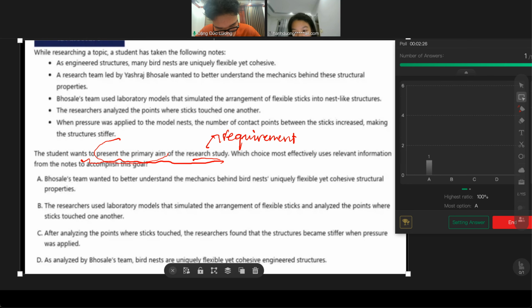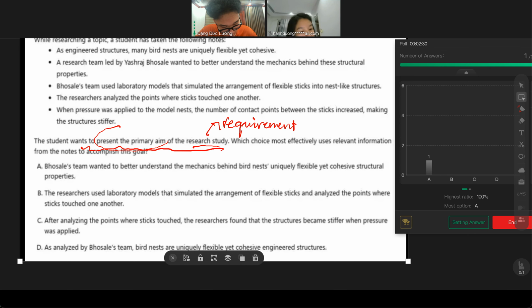I think it's a very simple question, because sometimes for an easy question you only need to read the requirement to pick the right answer without reading the notes.